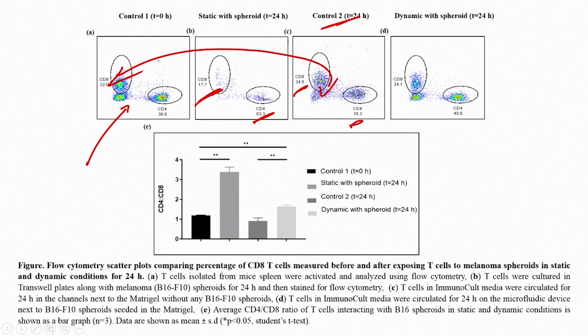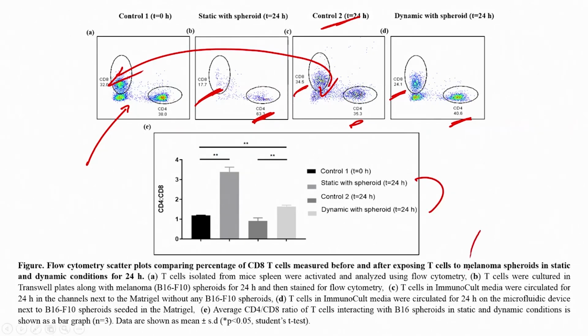And when we have the dynamic experiment with spheroid, the CD8 concentration is different from the CD4 concentration, you can clearly see here. Thus, compared to control either at 0 or at 24, the results for static and dynamic are statistically significant, while if you just compare the dynamic experiment with static, then also you can clearly see that the results are statistically significant.